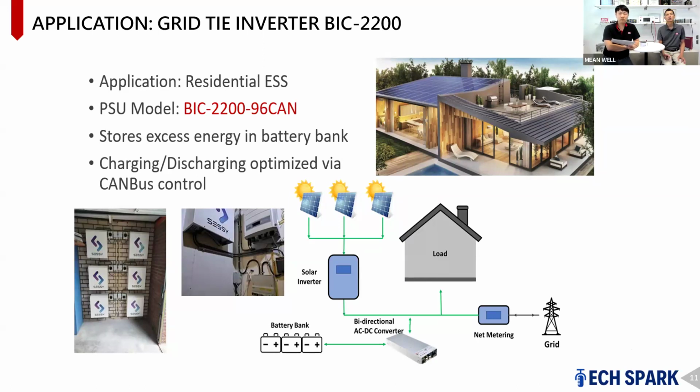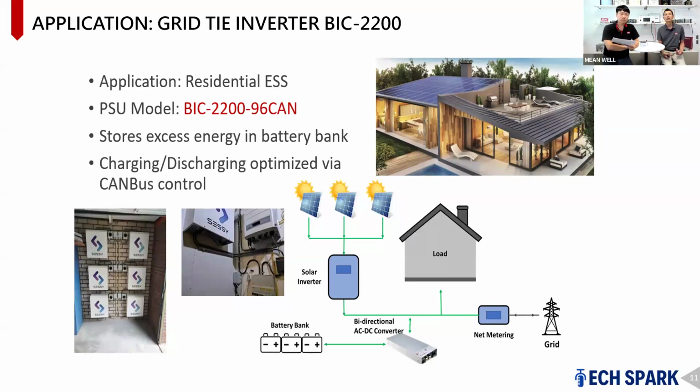In the photo, the customer has solar panels and a solar inverter that is grid-tied, connects to the grid and also powers the home. But when there's so much energy generated by the PV and nothing feeding back, the customer uses the BIC 2200 to charge the battery, and dumps all the energy there to reserve it.